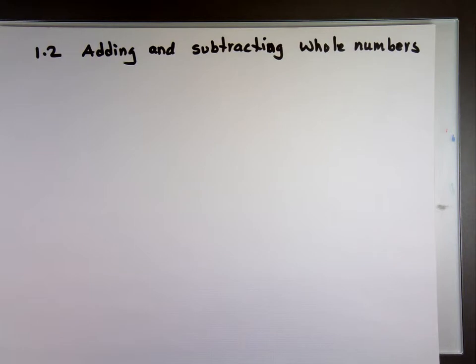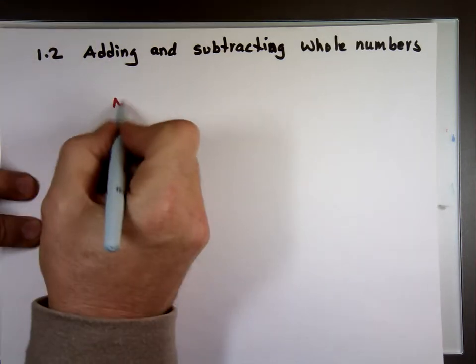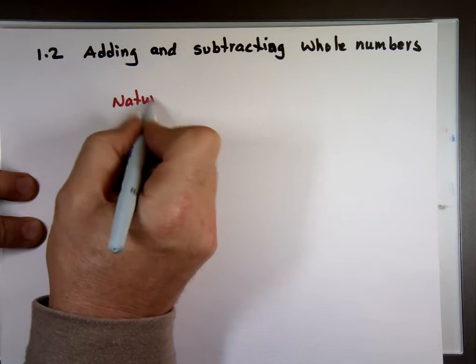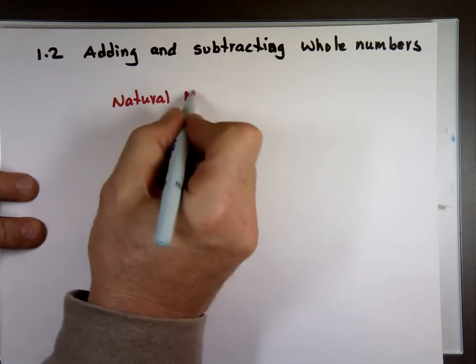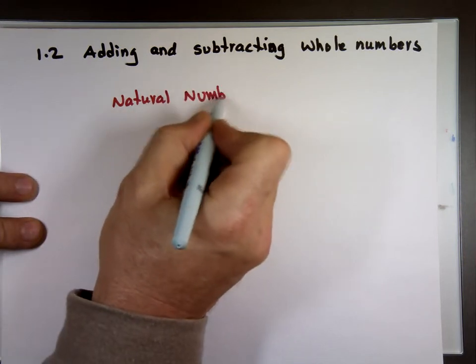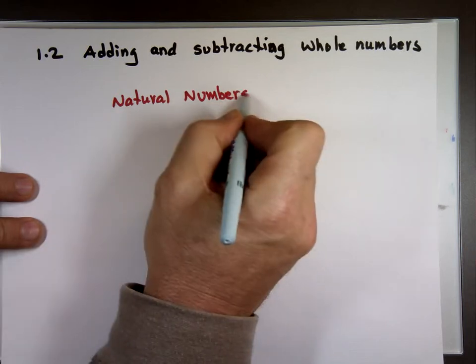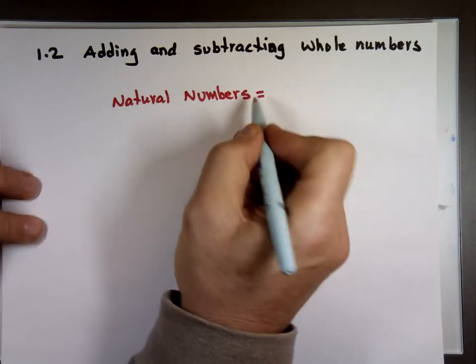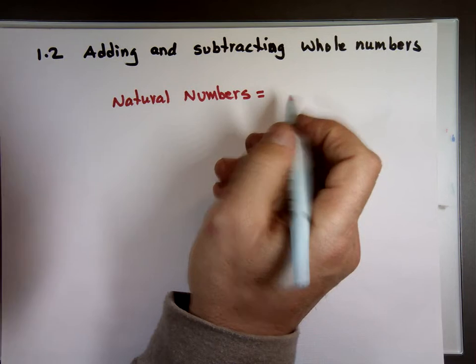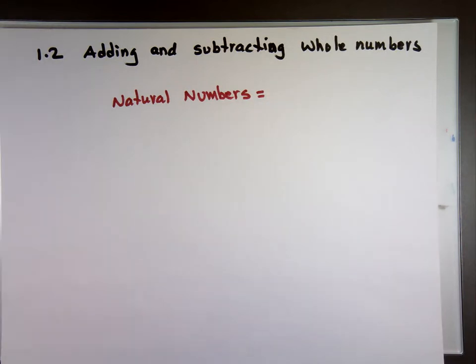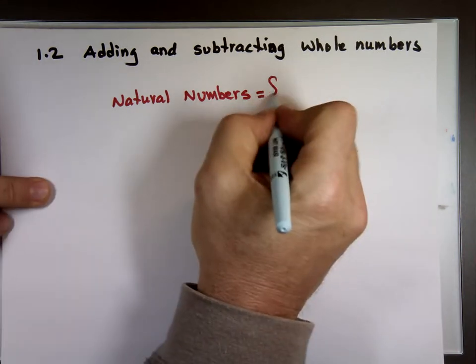Anyone knows what whole numbers are? We have some numbers called natural numbers. These are the counting numbers. If we said to you, can you count how many people in the classroom? What's the first number you start with? 1. So counting numbers does not begin with 0.